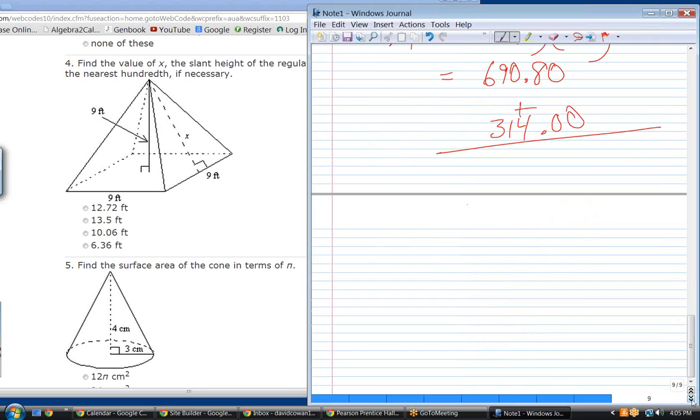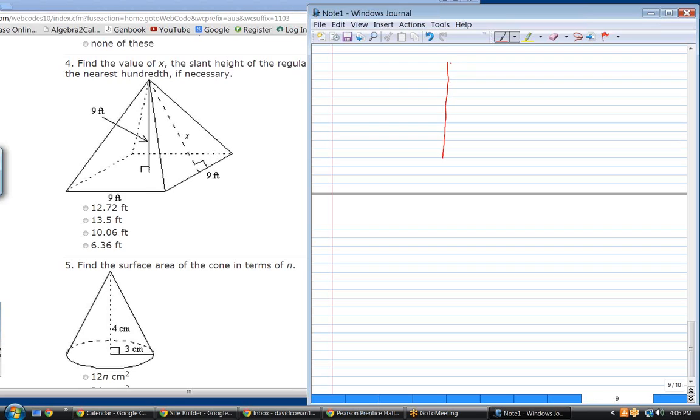It's all in looking at it from the right plane. So you see the triangle that's designated by that middle dark line going to the center of the base? That's this line here. x is this line here.